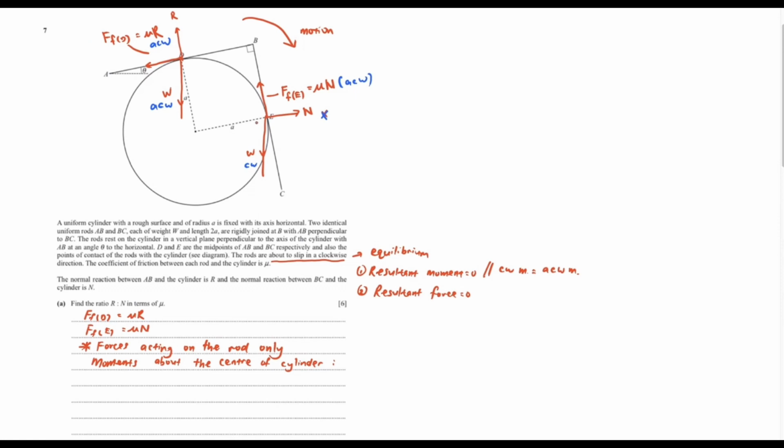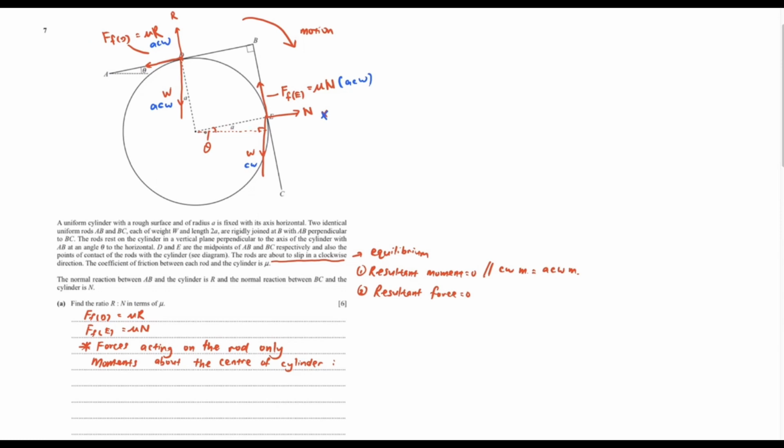Which means to find the distance, I have this horizontal theta over there. And because of that, if I add one line, this theta is going to be here also. So theta is going to be there, and I can find this one.